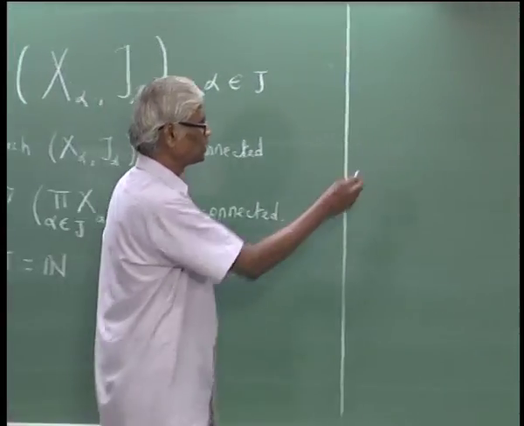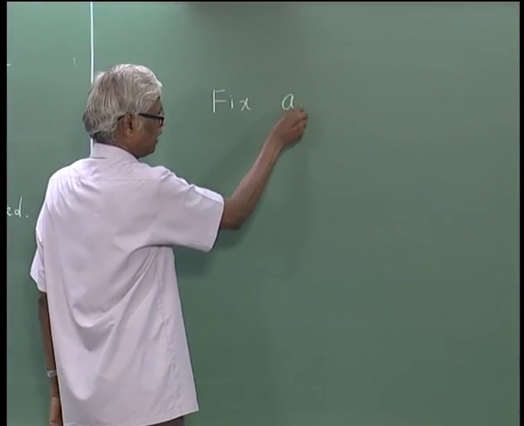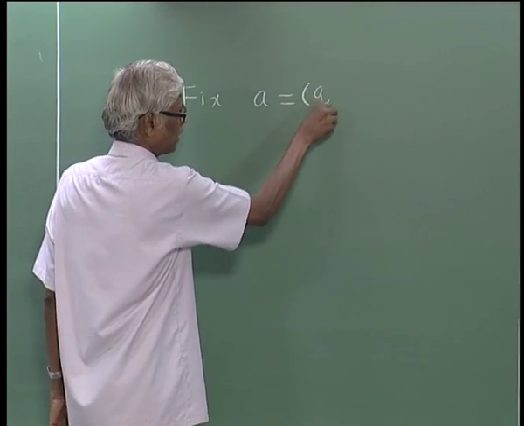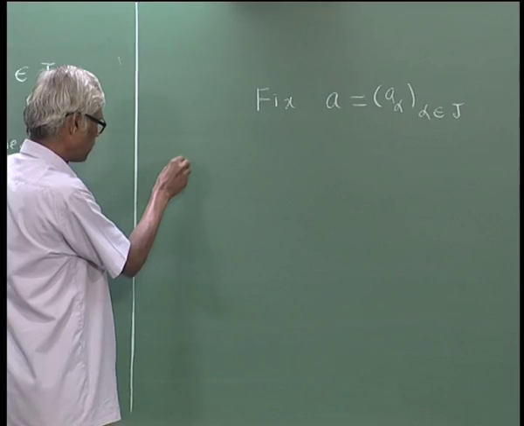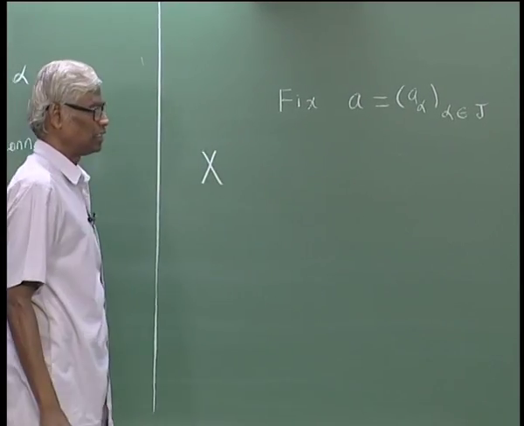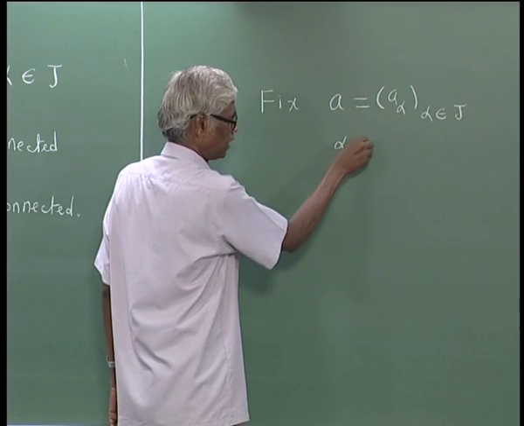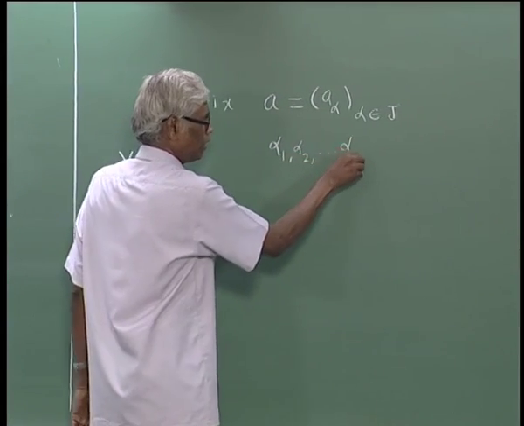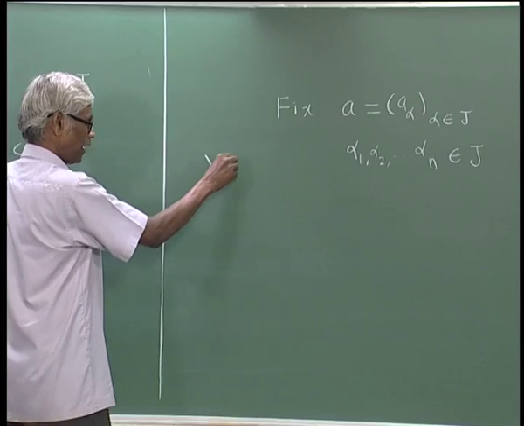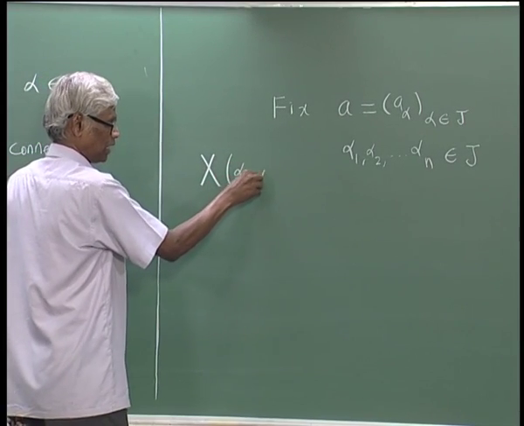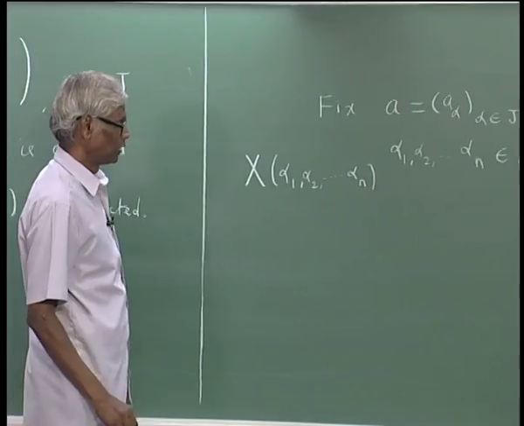That means we just fix an element, say A, of the type A_alpha, alpha belongs to J, then exactly similar to X_1 to n, here if we have alpha_1, alpha_2, ..., alpha_n belonging to the index set J, then we define X_alpha1, X_alpha2, ..., X_alphan.